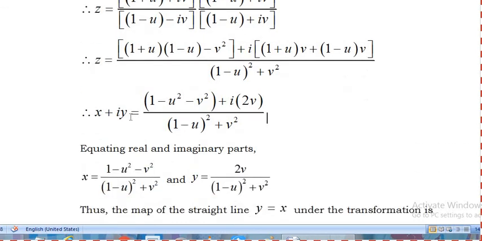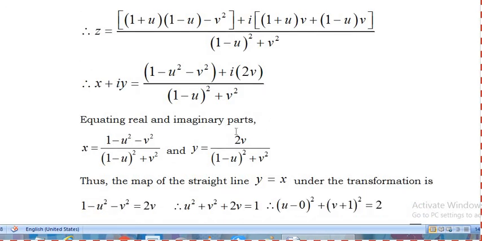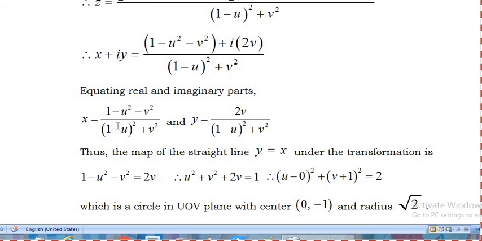And therefore x plus iy is equal to 1 minus u square minus v square plus i times v plus uv plus v minus uv, that is uv cancels, we are remaining with 2v, upon 1 minus u bracket square plus v square. So let us equate real and imaginary parts. x equal to 1 minus u square minus v square upon 1 minus u square plus v square, and y is equal to 2v upon 1 minus u square plus v square.